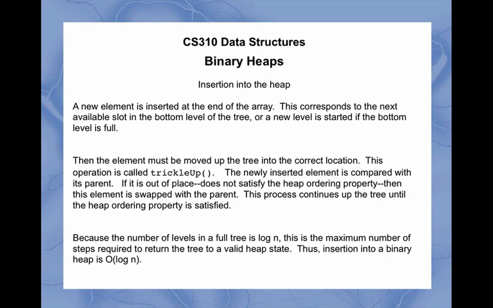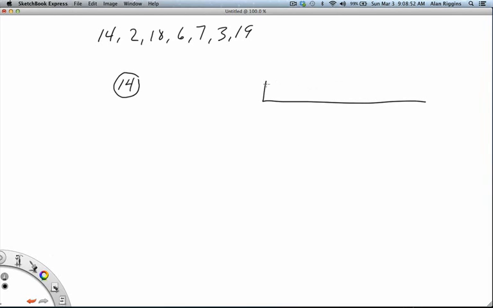So let's take a look at the insertion here. I'm going to set a list of random elements: 14, 2, 18, 6, 7, 3, 19. We're going to insert these in the heap and see how it is built. First we insert the 14. And then our array over here, we have 14.